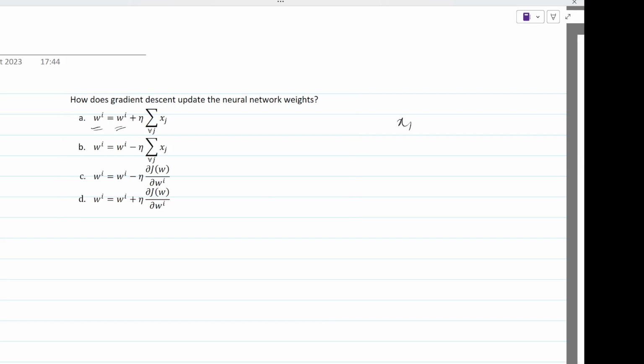You can say xj is the input, wi is, let's say, the weight of some node i in some intermediate layer, and eta is the learning rate.